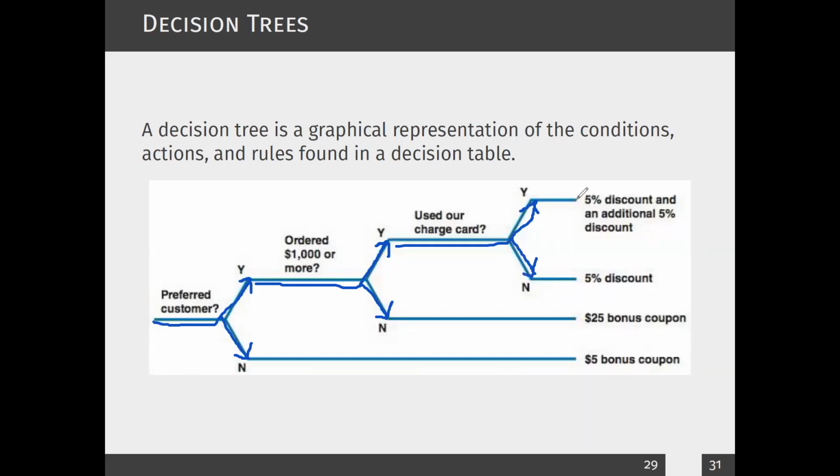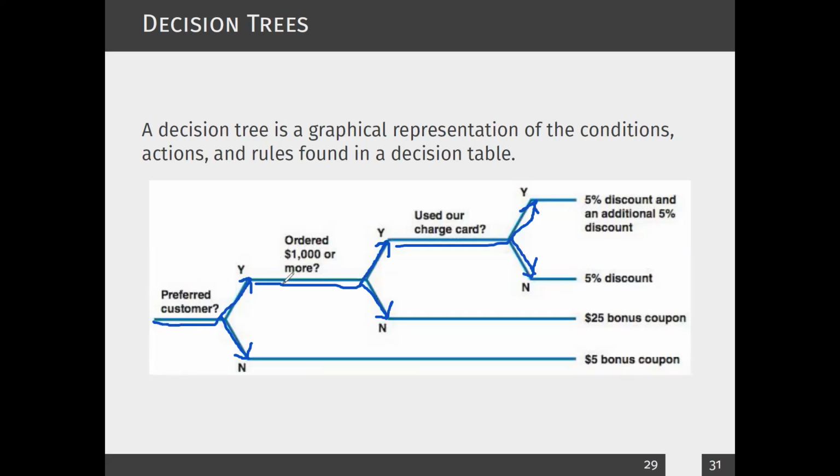So you now know, see, there are 4 outcomes. If you are a preferred customer, and if you order 1,000 or more, and if you use a charge card, then you will get 5% discount and an additional 5%. So totally 10% discount. If you are a preferred customer, if you ordered 1,000 or more, but you have not used a charge card, then you will get 5% discount.